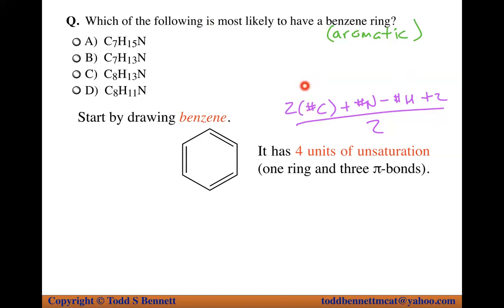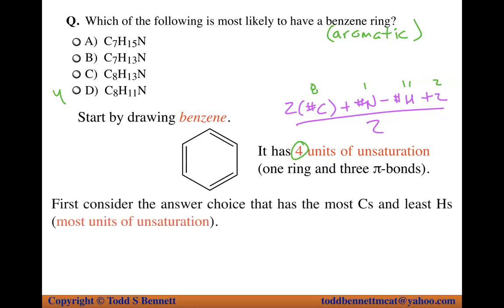So I probably need something with more carbons and fewer H's to make the numerator as big as possible, because I've got to get it up to 4. So I'm going to start with this answer and see what I get. Answer choice D. 2 times 8 is 16, plus 1 is 17, minus 11 is 6, plus 2 is 8. 8 divided by 2 is 4. I have it. This is the one that has 4.